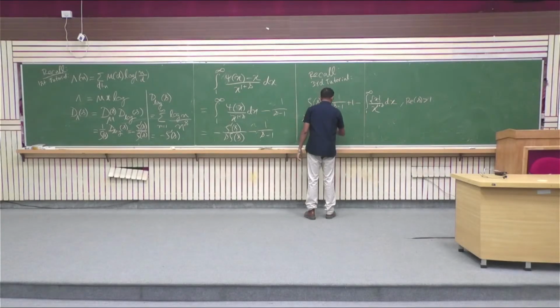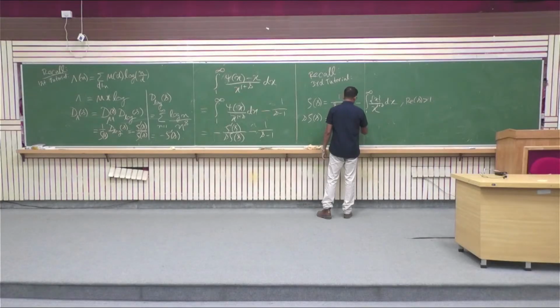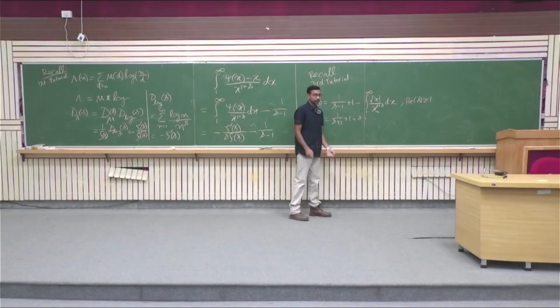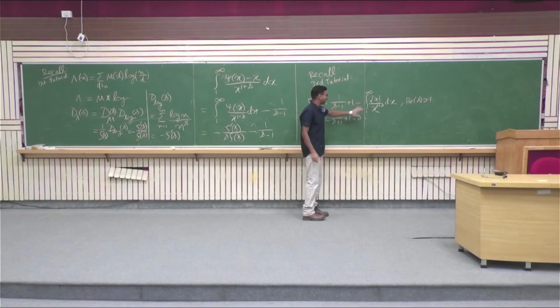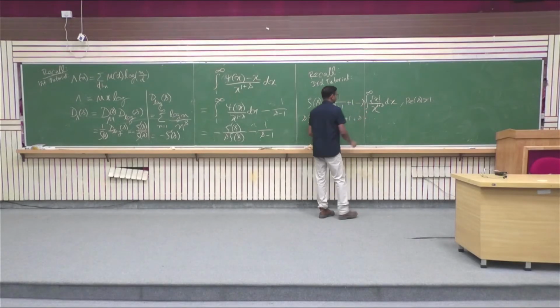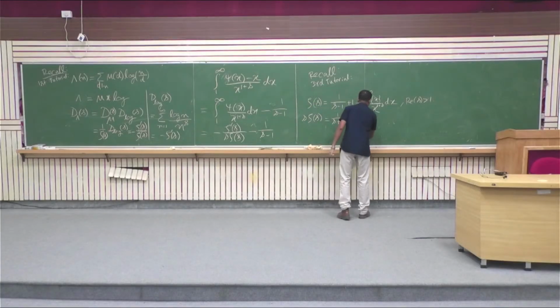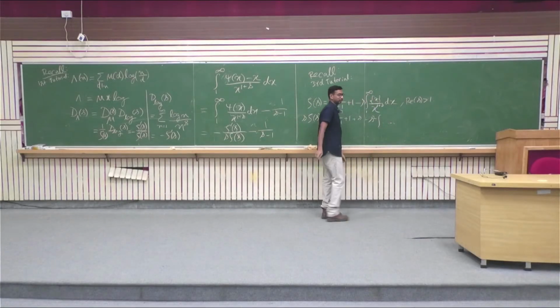So 1 by s minus 1 again plus 1 plus s plus dot dot, s times this one. There is already an s, so this is minus s square and this integral.